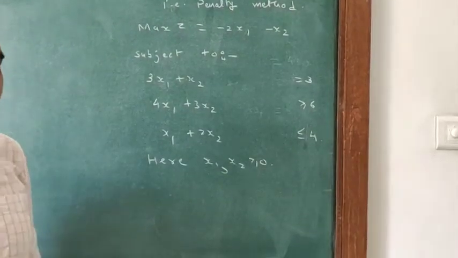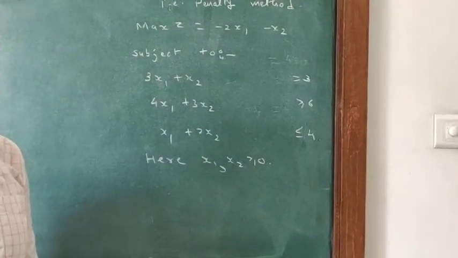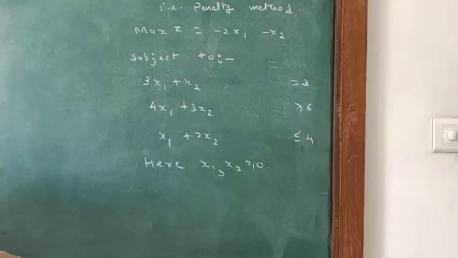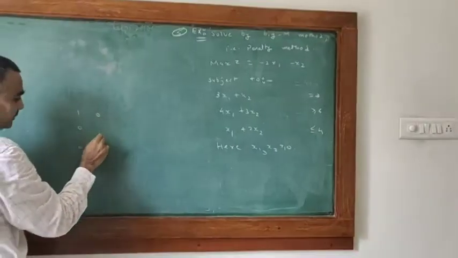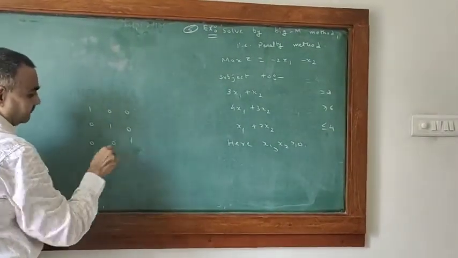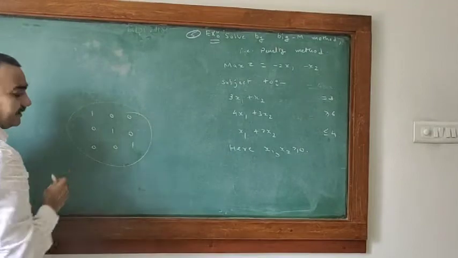For that, what did we want? Basic variables. Basic variables means they are in the form of 1, 0, 0, 0, 1, 0 and 0, 0, 1. But there is no sum like this one.